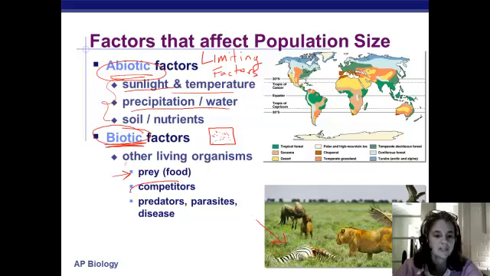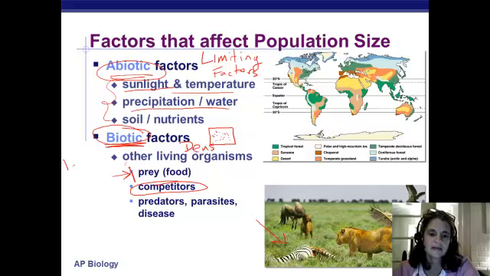So competition for resources is what we call a density dependent factor, meaning it matters. This is going to be an ever more serious limiting factor, the more lions that are in this area.